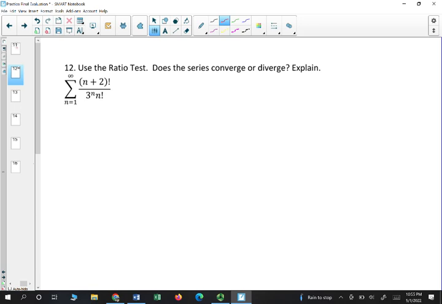Okay, 12. Use the ratio test. And does the series converge or diverge? Okay, so for a ratio test, remember we would take a limit as n goes to infinity of the a_(n+1) term over the a_n term, and then that would give us our rho.